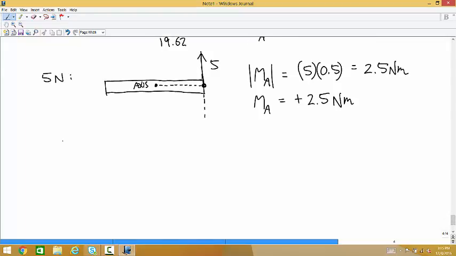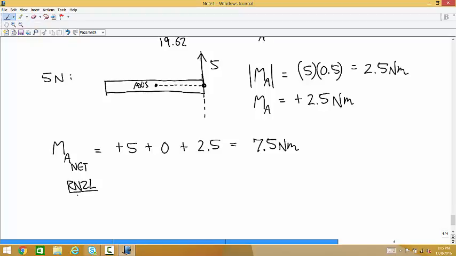Okay, and so what we figured out is that the net moment about that axis is equal to positive 5 plus 0 plus 2.5. And we get a net moment of positive 7.5 Newton meters. And so now finally we can go to the rotational Newton's second law.